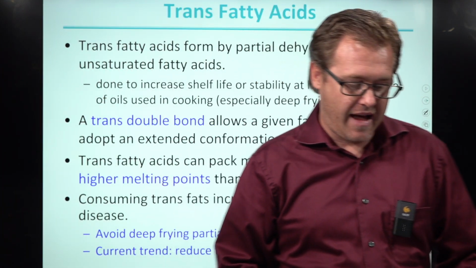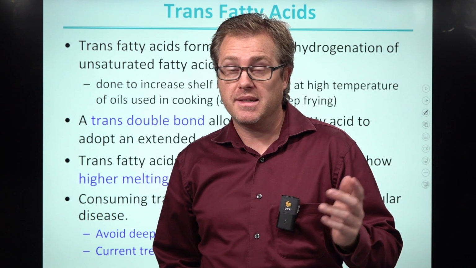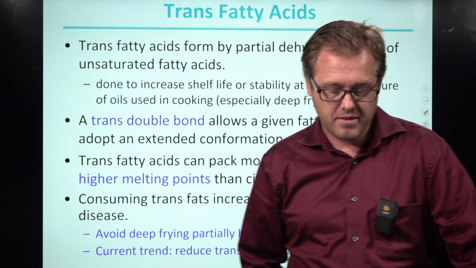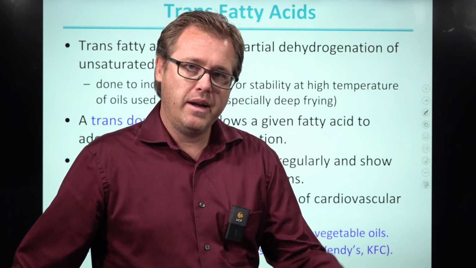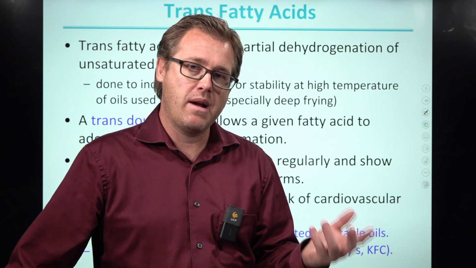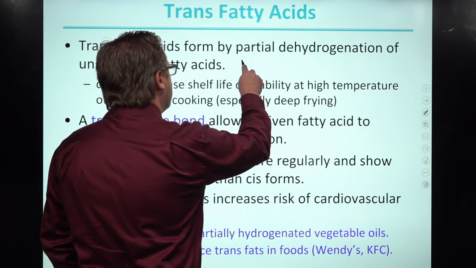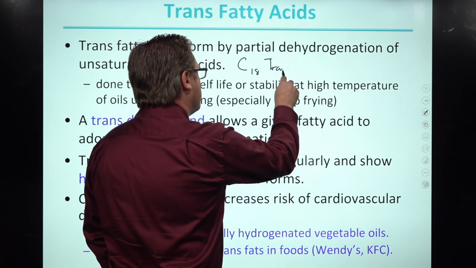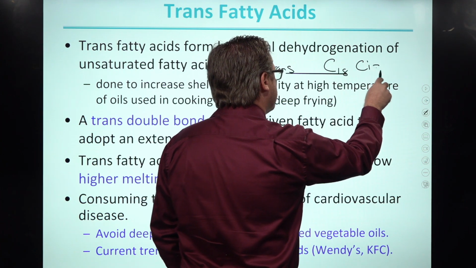Now, talking about trans fats, because in those tables that we just went over, they were just comparing saturated to unsaturated with cis bonds. But what about trans double bonds? Well, thinking about it logically, let me write it down. A fatty acid that has 18 carbons that's trans, versus a fatty acid that has 18 that is cis.